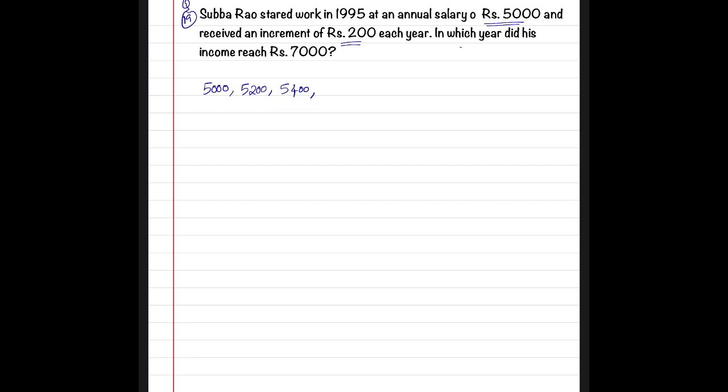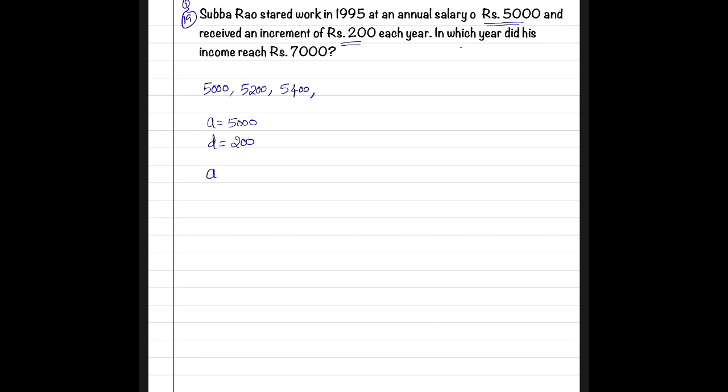Okay. So now we have to calculate in which year you will get 7,000 salary. I will write A equals 5,000, that is the first term. D, the common difference, is 200.